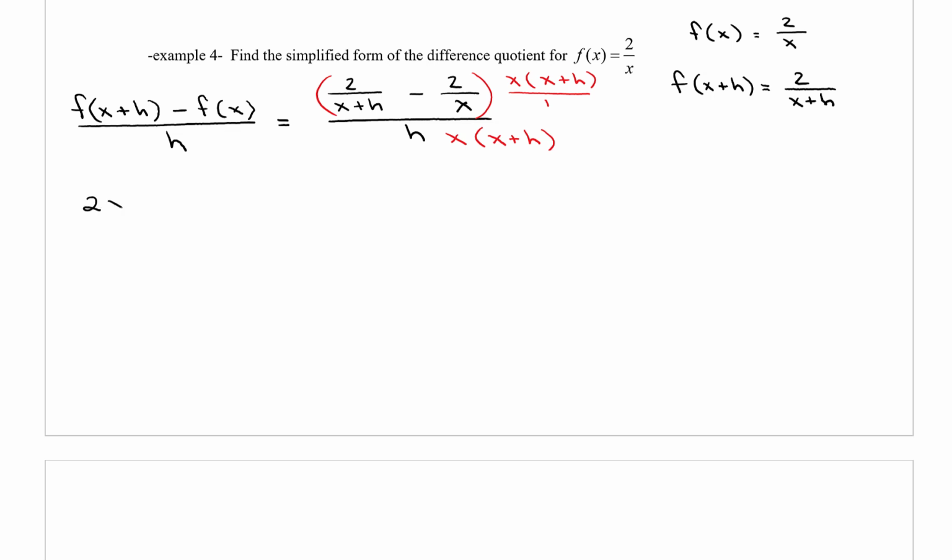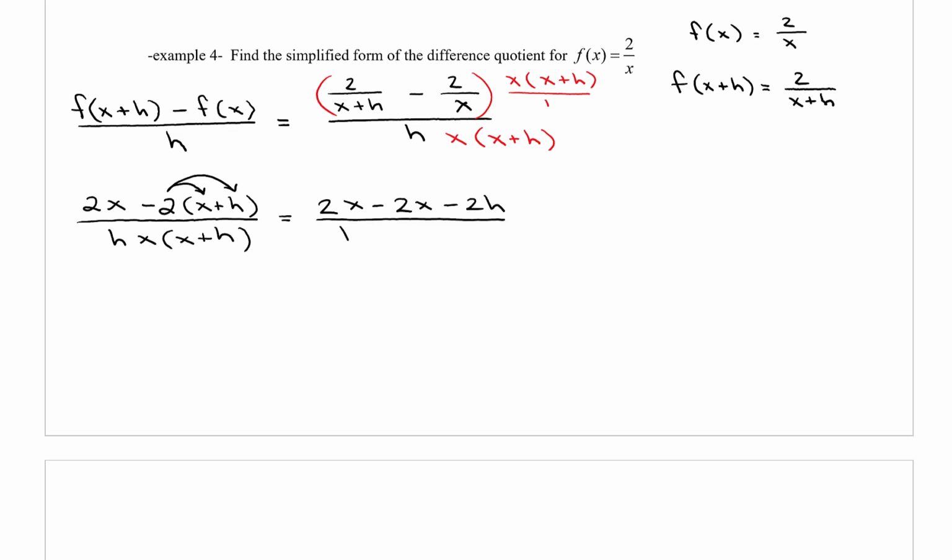So next we're going to be left here with 2x minus 2 times the quantity x plus h over hx times the quantity x plus h. I'm going to distribute that negative 2 that we have in the numerator, and we're going to be left here with 2x minus 2h in the numerator all over hx times the quantity x plus h.